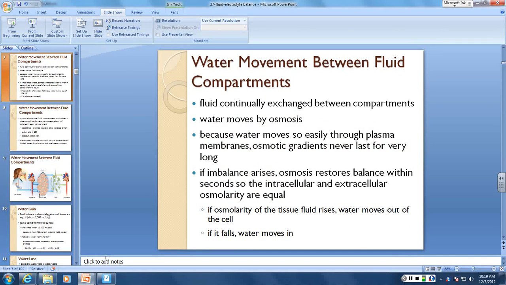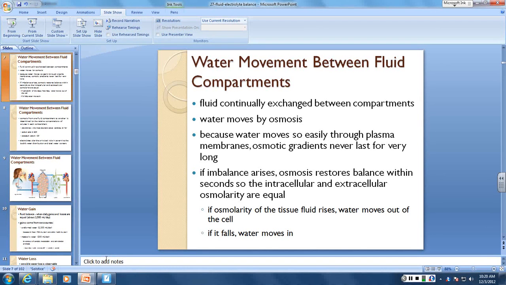Does that make sense to you? Remember, wherever osmolarity increases, water is coming to that area. So by the fluid osmolarity increasing, water is going to move from the intracellular space to the extracellular space.